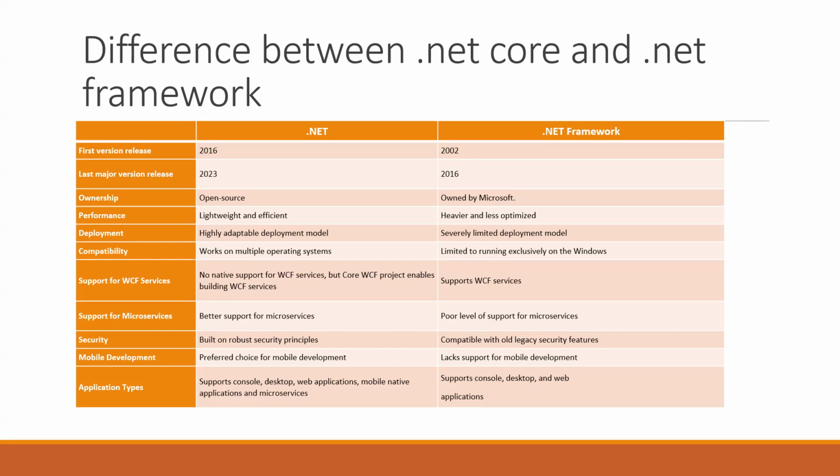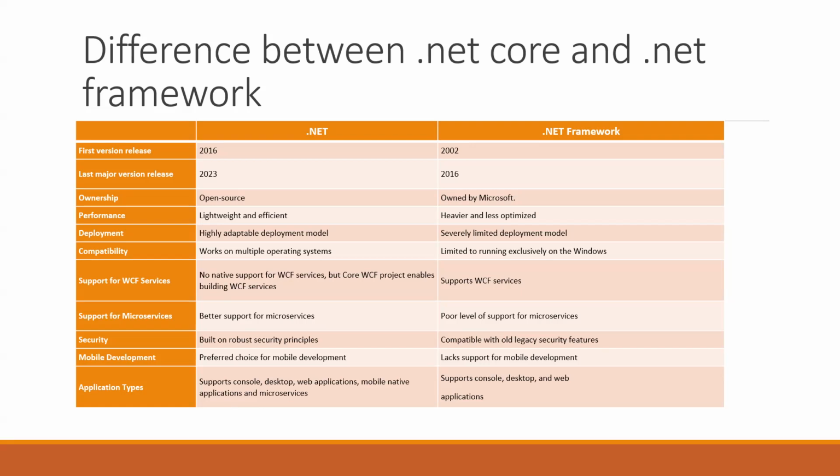It is designed to be lightweight and modular, making it ideal for building microservices-based application. It has built-in support for containerization and Kubernetes orchestration, which make it easier to deploy and manage microservices in distributed environment. So .NET has all these supports like containerization and Kubernetes orchestration, which make it the best choice for microservices.